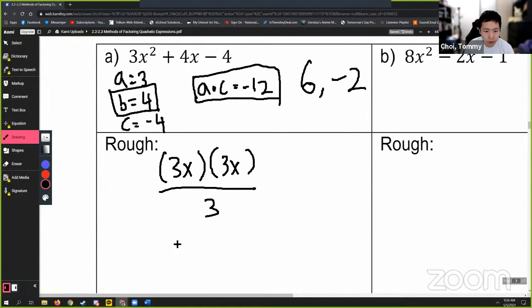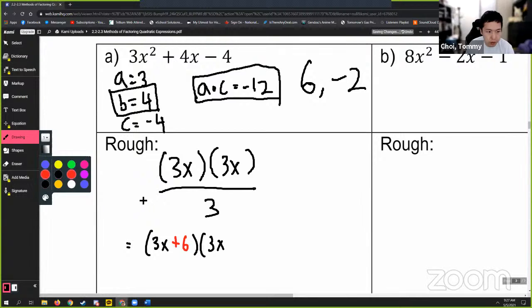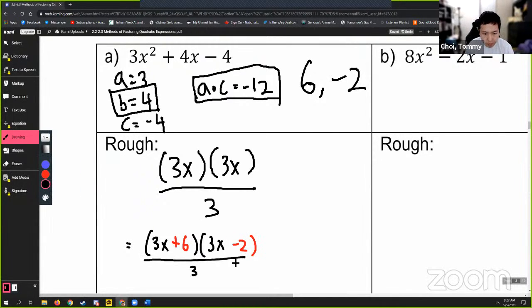Once we have that down, we now add the numbers into the brackets. We add in plus 6 here, and on the other side, minus 2, and it's still all divided by 3.